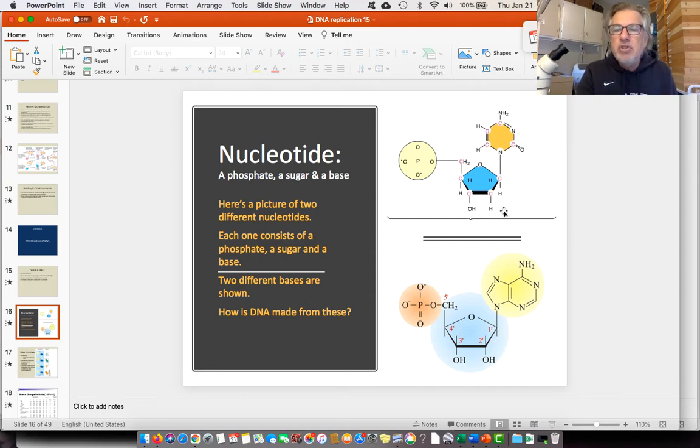It is important to note the structure of the nucleotide. The carbons in the sugar can be numbered 1, 2, 3, 4, and 5. And in the nucleotide, the base is attached to the number 1 carbon and the phosphate to the number 5 carbon. That's very important for the structure of DNA.